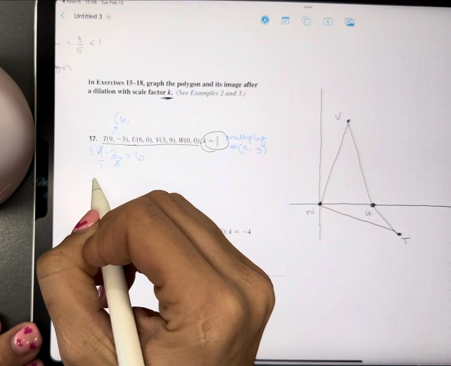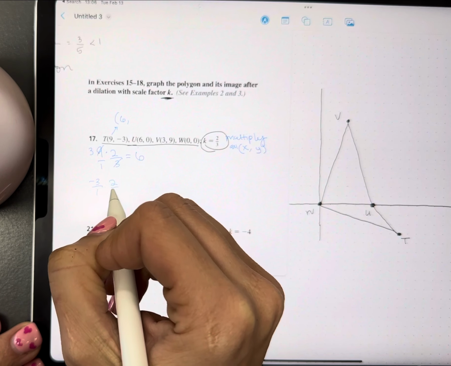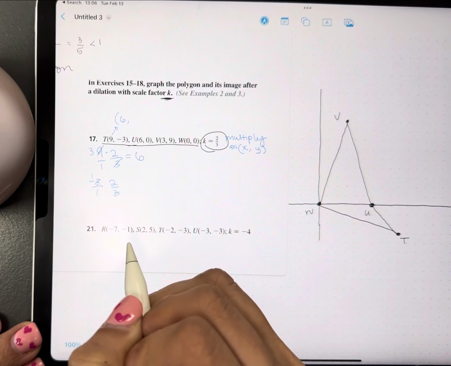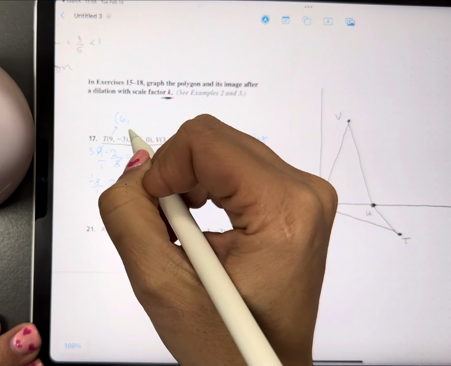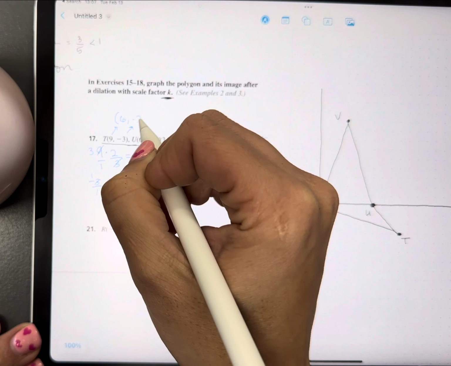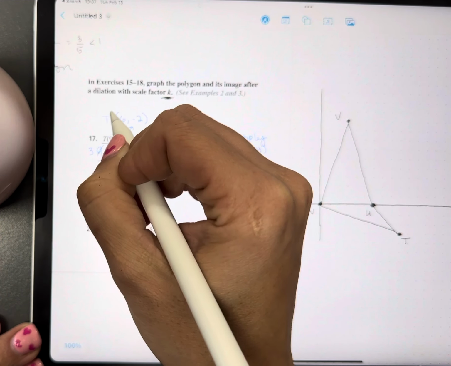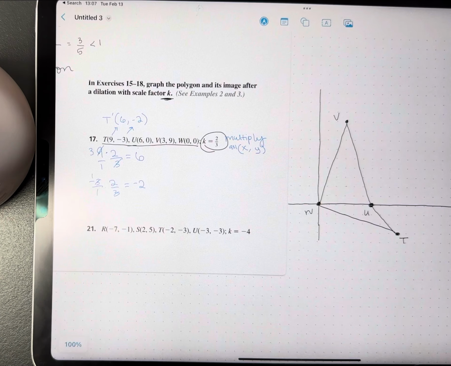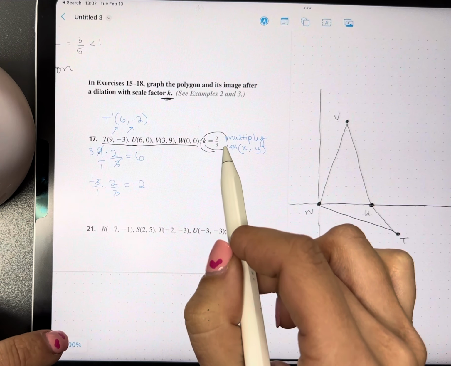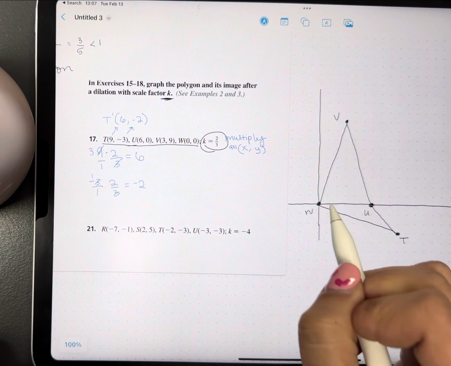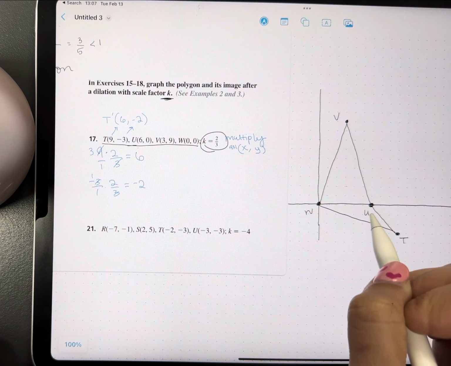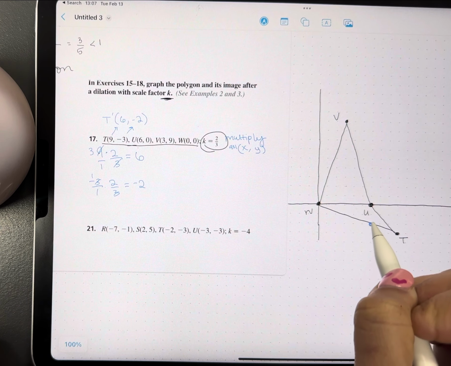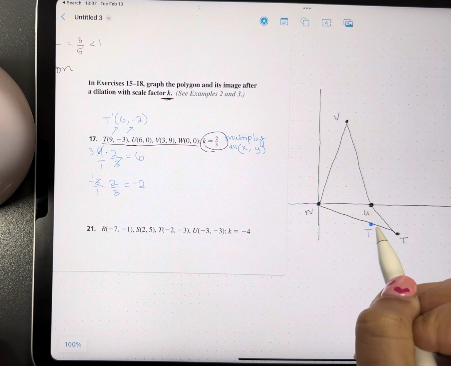And then -3 times 2/3, that's a -1, 3. -1 times 2 is -2. So this becomes -2. So this is T prime. All I did was multiply the x and the y by 2/3. And I got 6, -2. So let's do it. 1, 2, 3, 4, 5, 6, -2. This is T prime.